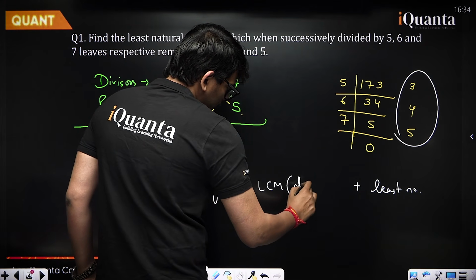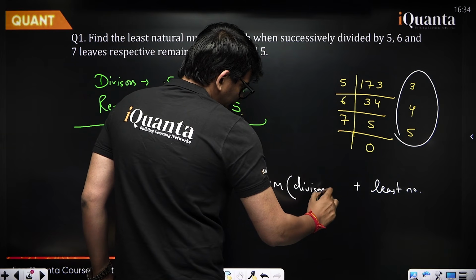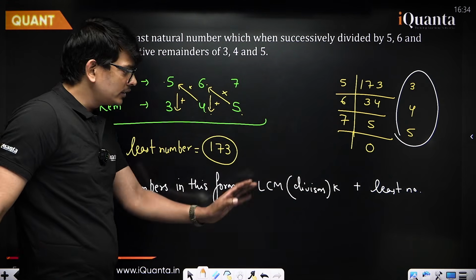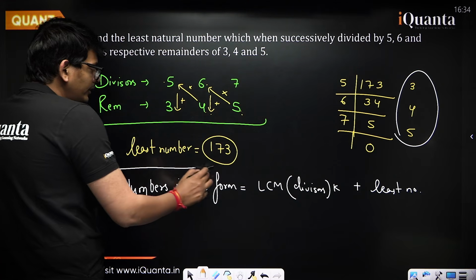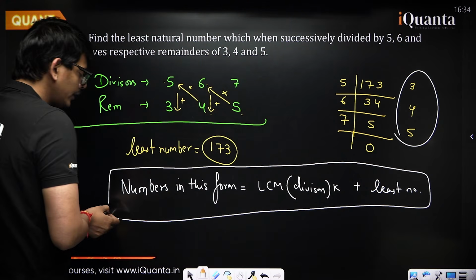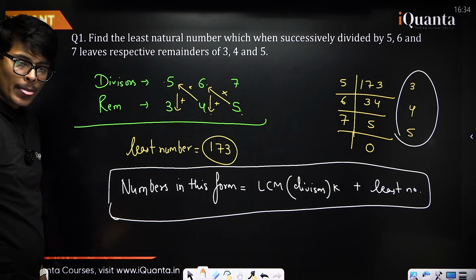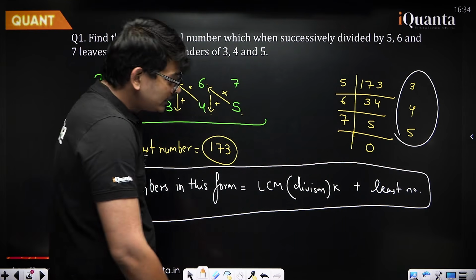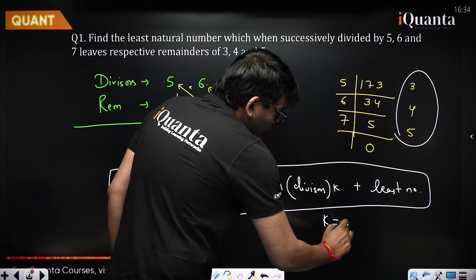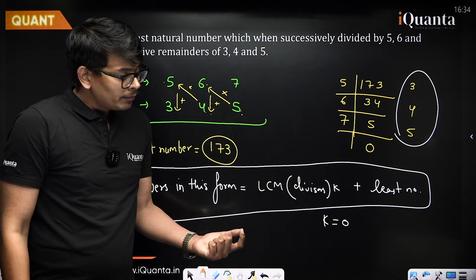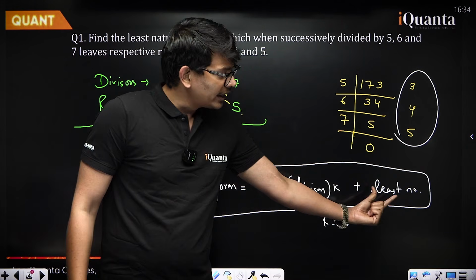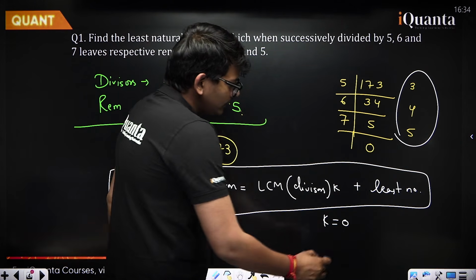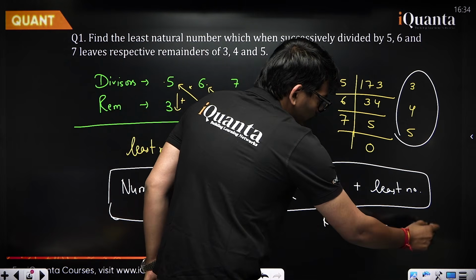LCM of divisors into k, I will make you understand what k represents, plus least number. In this way, you can find out any such number, and the value of k will start from 0. So, to find out the least number, you will put k as 0 because this term will get ignored, and you will get the least number, right? 0, 1, 2 and so on.